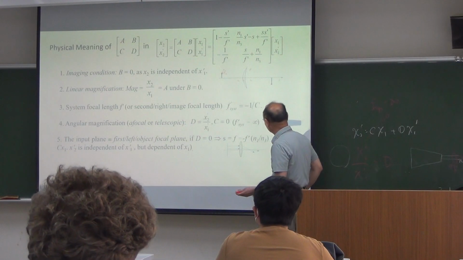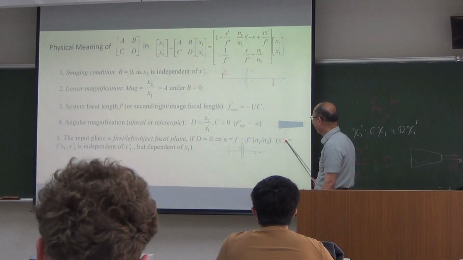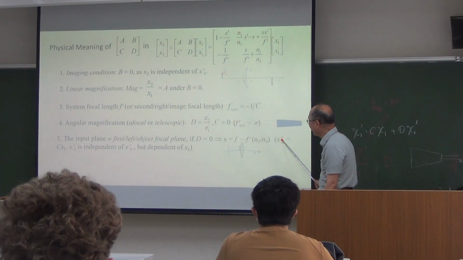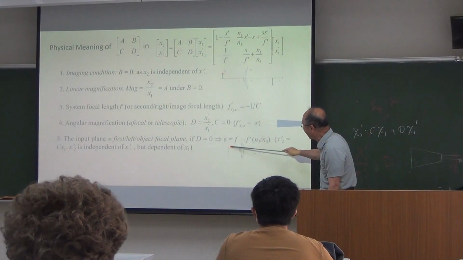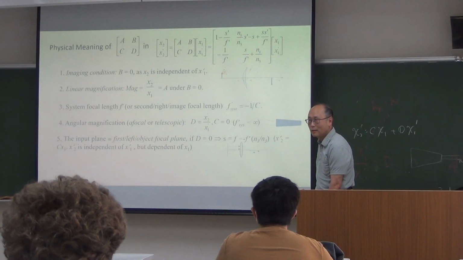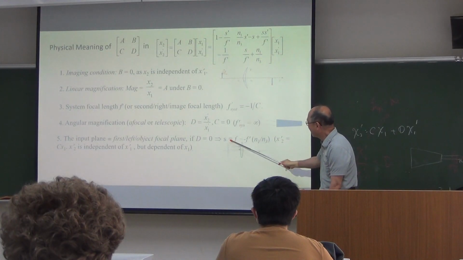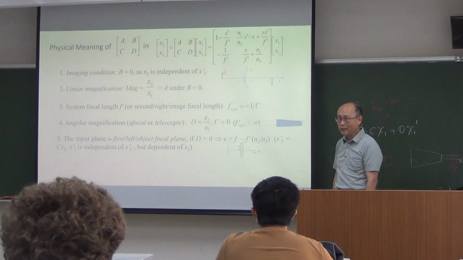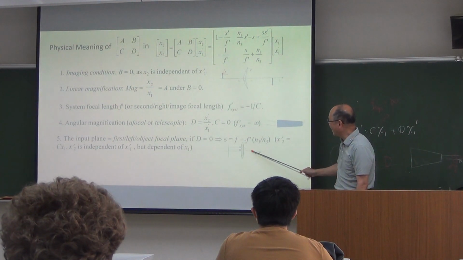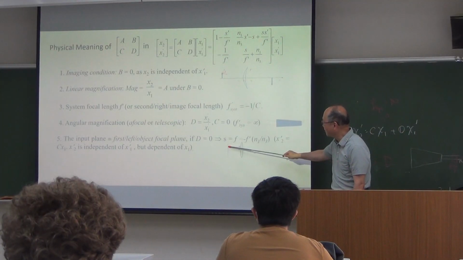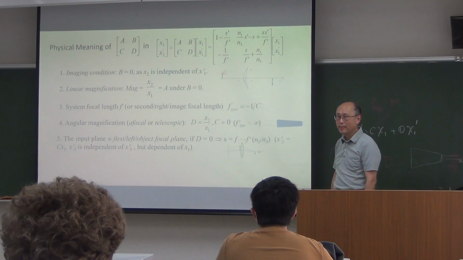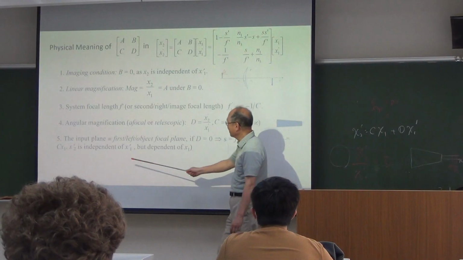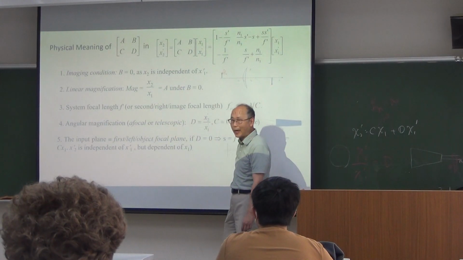And physically it means that my x2 prime, this angle, only depends on the position of x1. What does it mean? It means that this plane is the front focal plane. If this angle, the x angle, only depends on the position here. Okay. Another thing is that x2 prime is independent of x1 prime.